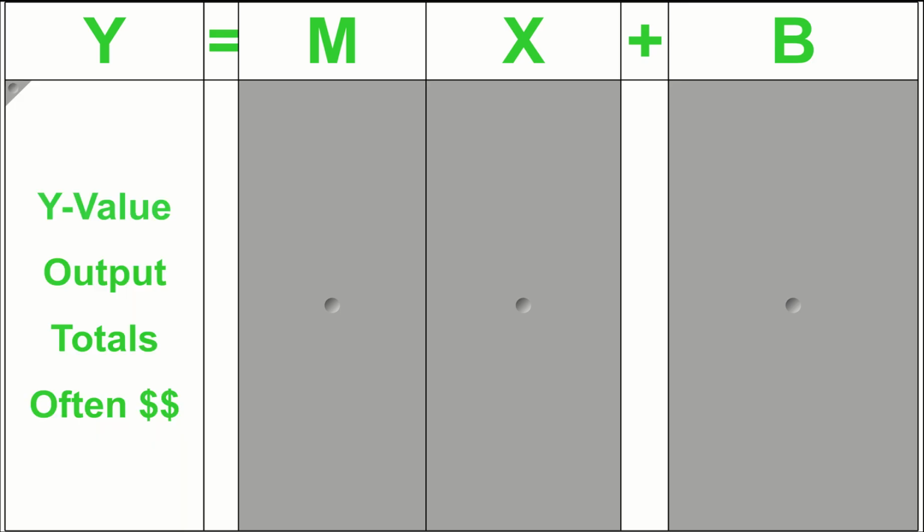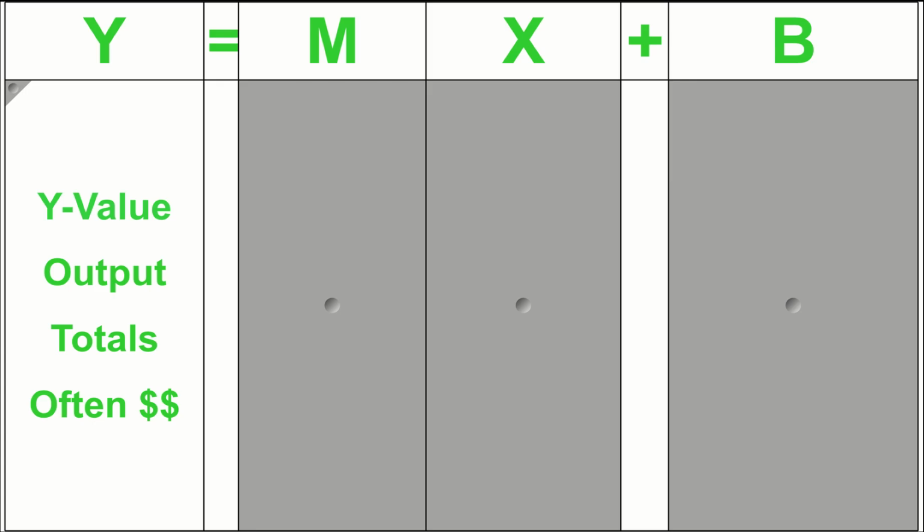For the y, like I said, that's y values. That's also an output. Those are your totals. It could be a total amount. It could be like a total weight of something or a total population, but it's often going to be money for a lot of these word problems.